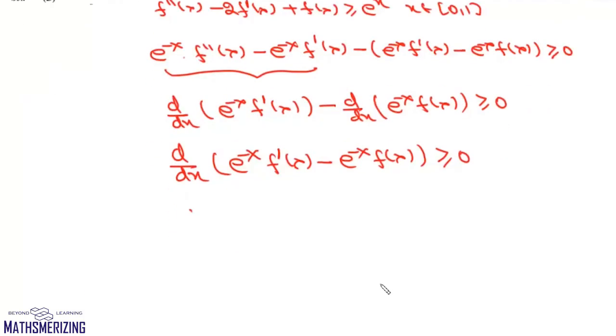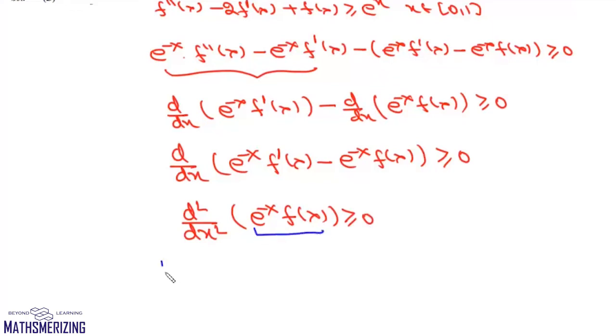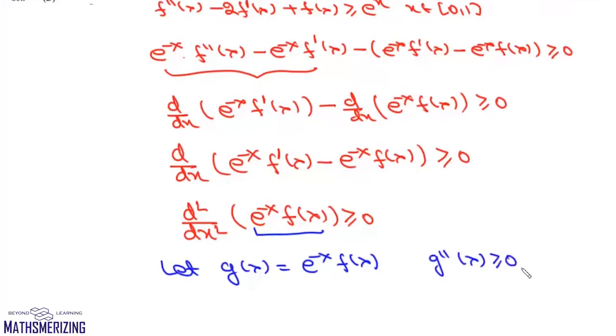We can write d square by dx square of e to the power minus x into fx is greater than or equal to 0. So if we take this as some function gx, then we get this condition that g double dash x is greater than or equal to 0. That is, this function gx is concave up.